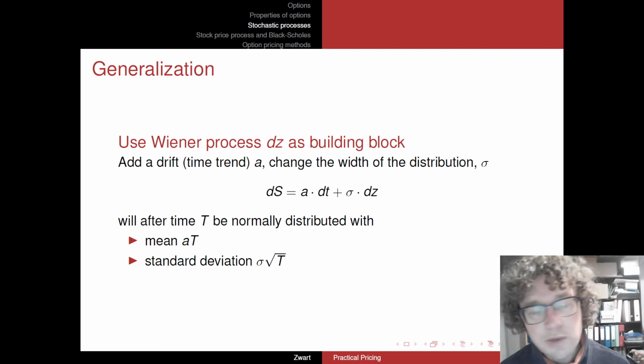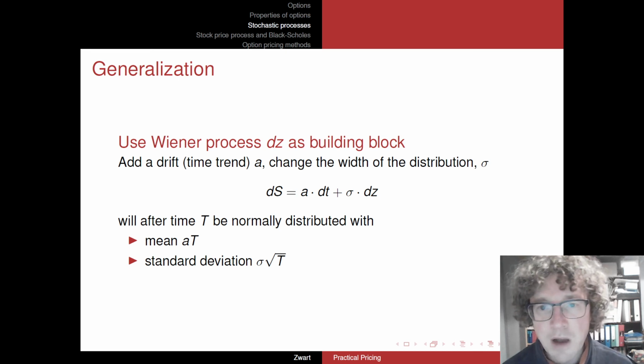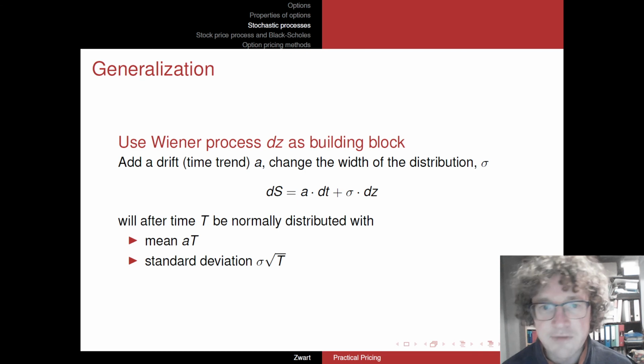So in order to model stock prices, and lots of different stochastic processes in nature as well, we actually use this Wiener process, this dz, as a building block to build some more generalized stochastic motions of the thing that we're interested in, for instance, the stock price. One thing that we can do is add a drift, a time trend. Let's call it a here, to that stock. That would mean that the stock would move with a fixed upward speed a in time.